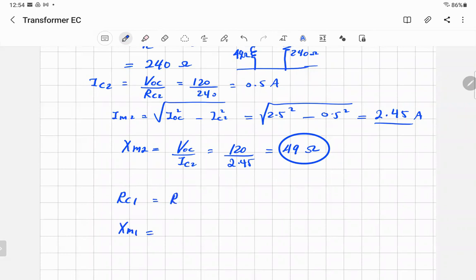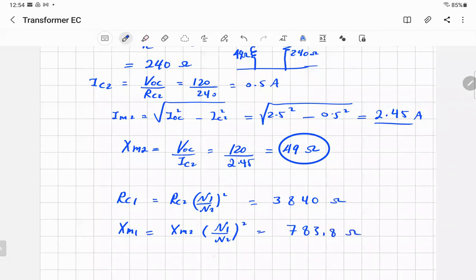So RC1 is equal to RC2 times N1 over N2 squared. And XM1 will be XM2 times N1 over N2 squared. You have N1 and N2, and you get 3,840 ohm, and XM is equal to 783.8 ohm. You got the equivalent branch on side 1.